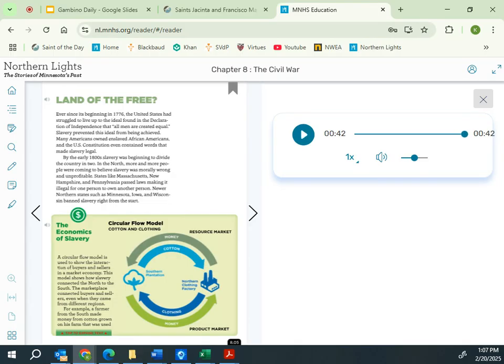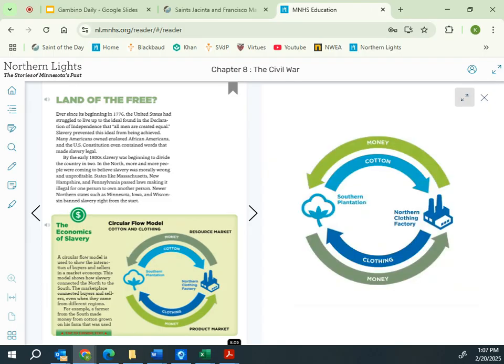Okay, so let's look at this flow chart. Southern plantations received something from the North because they provided something to the northern factories, right?